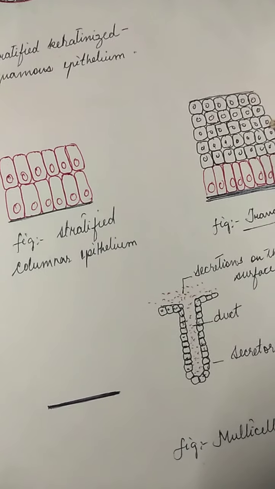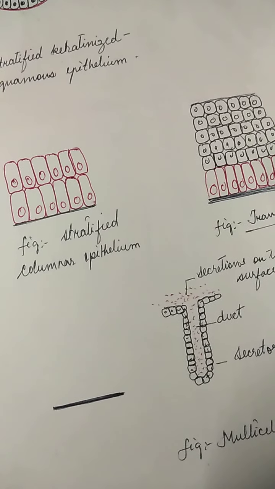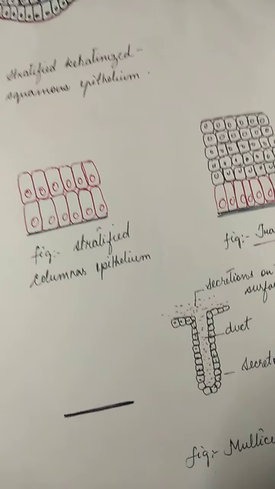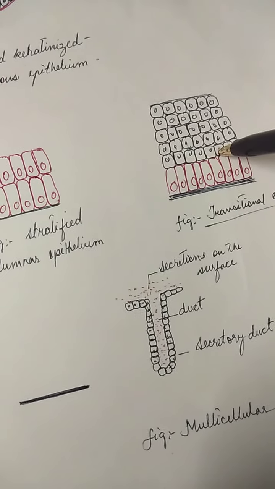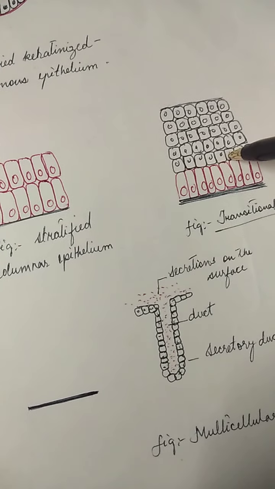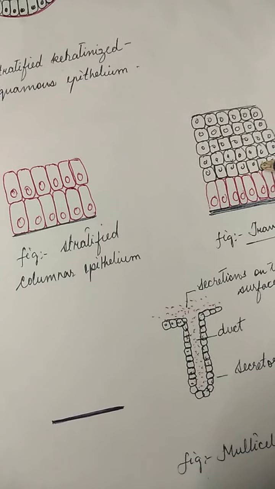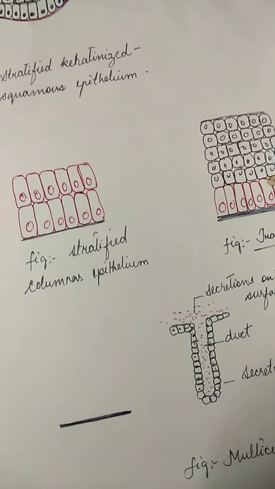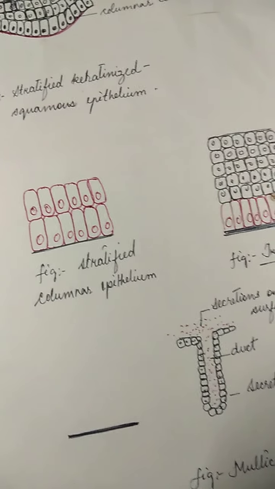It is much thinner and more stretchable than the stratified epithelium. It lines the inner surface of the urinary bladder and ureters. Its function is to prevent loss of water from blood to urine, prevent escape of urine into the surrounding tissue, and allow considerable expansion of the urinary bladder.